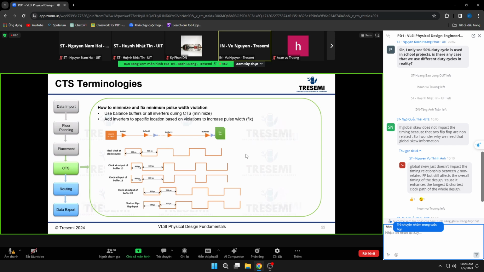Even in some subsystems that are very large, like a subsystem that has half a billion transistors, you definitely want to partition into different clock branches depending on the number of blocks or components in that subsystem.